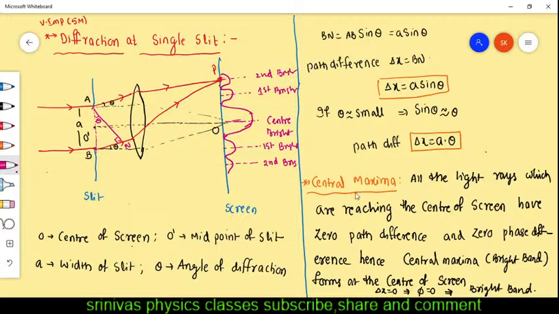Now I am going to erase the right side, to show how the first and second minimas and maximas form. And this is the minima. You see here, this is the first minima, means dark band. The bright means this is the dark. First dark, this is the second dark.